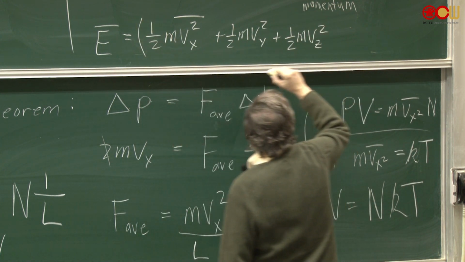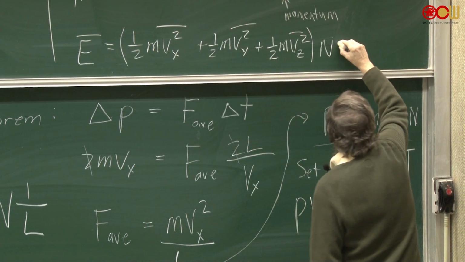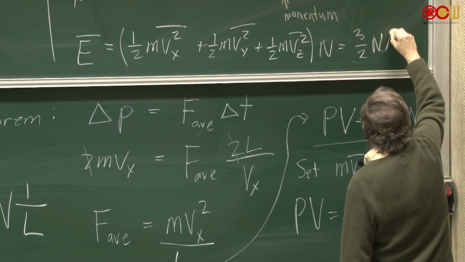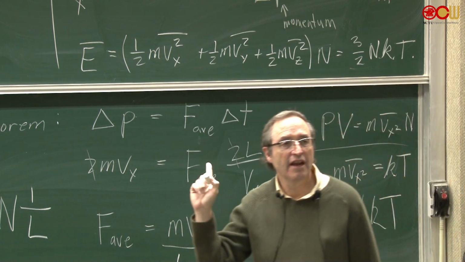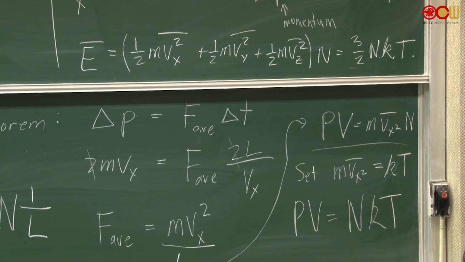And then you just multiply by N, and you get 3/2 NkT. So kinetic theory tells us what the kinetic energy is compared to the internal energy.